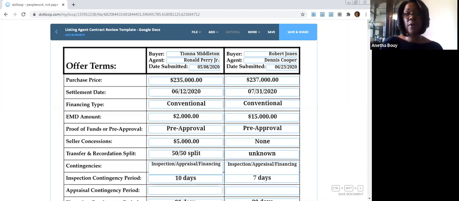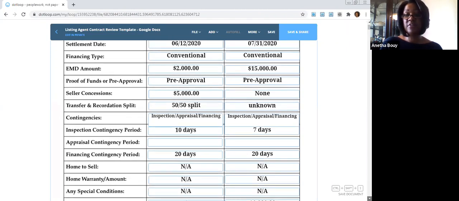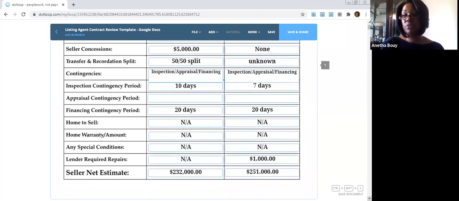So for Miss Middleton, we added the purchase price along with the earnest money deposit, which was the $2,000. We subtracted the seller concession because that's something that they're asking the seller to provide, which is the $5,000, and that brought us to the $232,000.